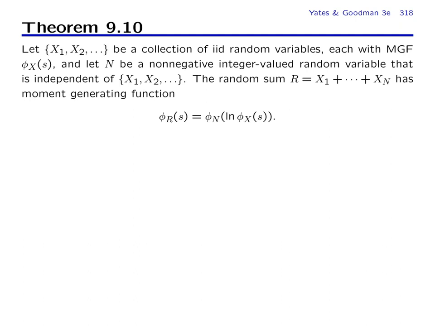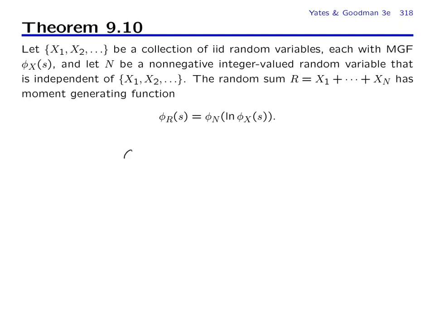Here's the main result of the section. If the xi are IID random variables, each one with MGF phi x of s, and n is a non-negative integer valued random variable for the count, and this n is independent of the xi's, then the random sum of x1 through x random n has a simple moment generating function.